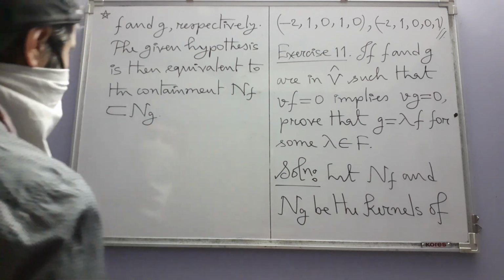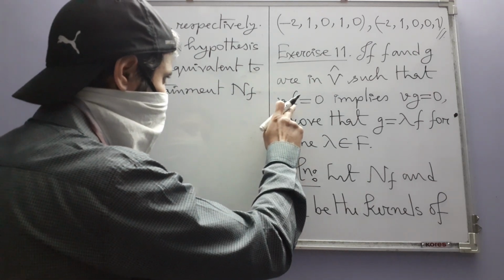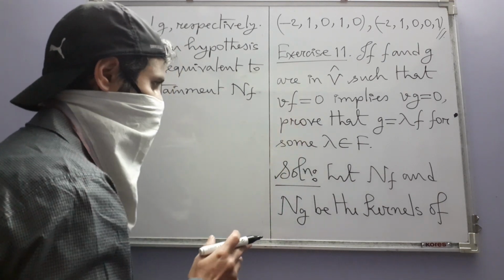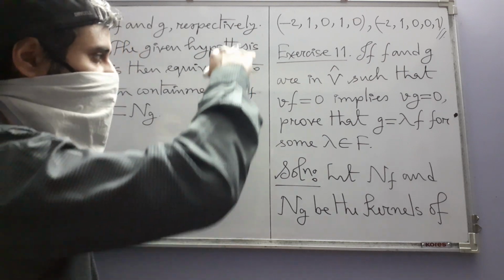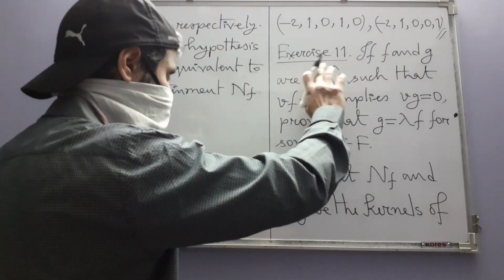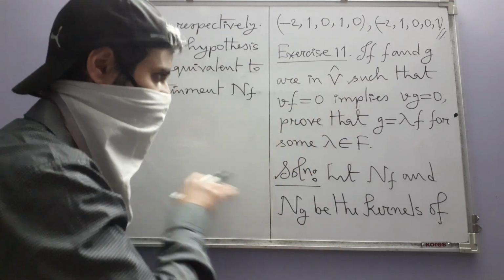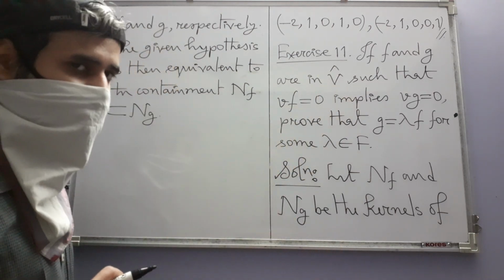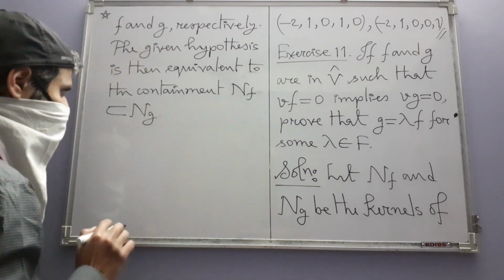But now it may or may not happen that the linear functional f is identically 0. That means it's the 0 function which maps all the vectors of V, not V hat of course, of V or the original space, onto the 0 scalar. Okay, it may happen. So we have to consider that case separately.